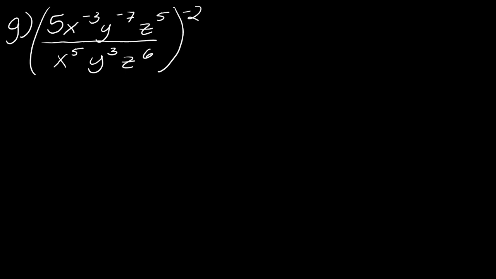Okay, so continuing on with this fun thing that we're doing. All right, so in this case, I know I have a negative on the outside, but I have a lot of negatives on the inside, and then I have a variable on top of itself. So it doesn't really matter which way you want to go with this, but it really bugs me when I have negatives and variables on top of each other inside the parentheses.